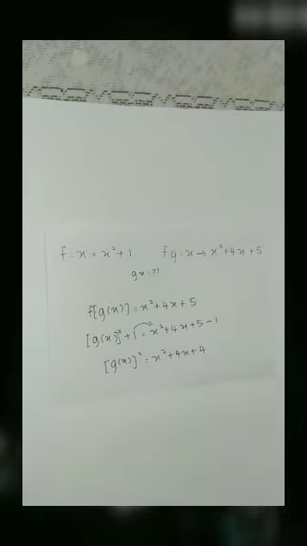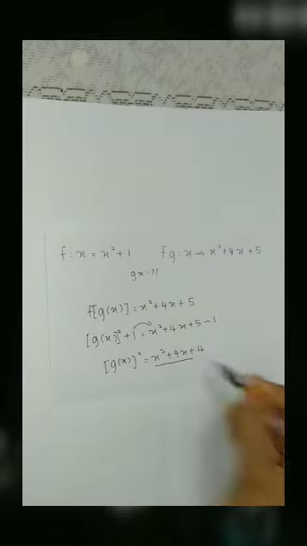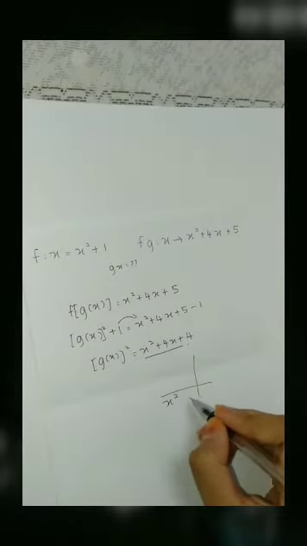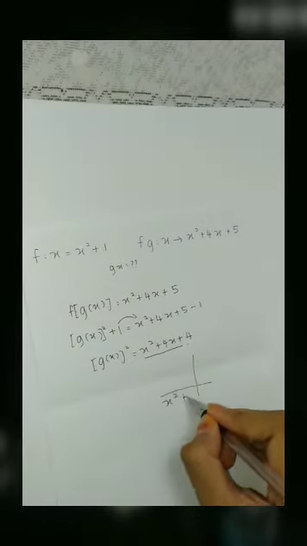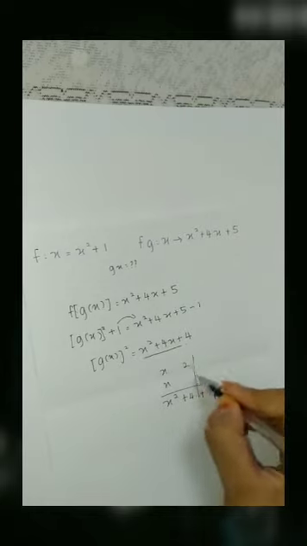So in this situation you have to simplify this equation. You can just use your calculator or use this method. x squared plus 4 plus 4x. So x times 2 becomes 2x, 2x.